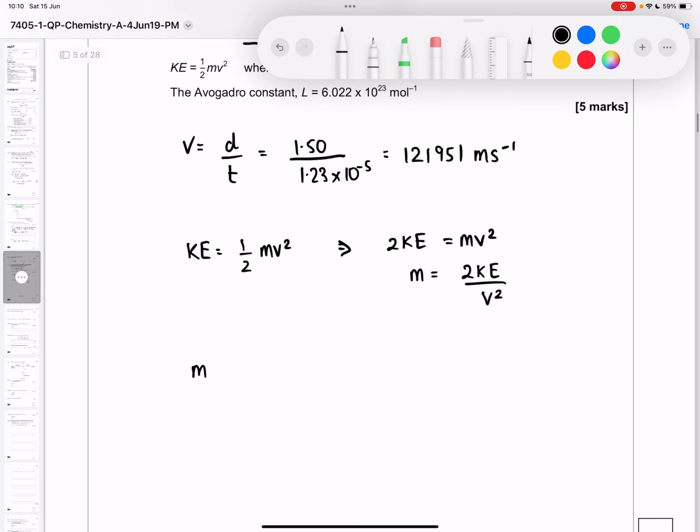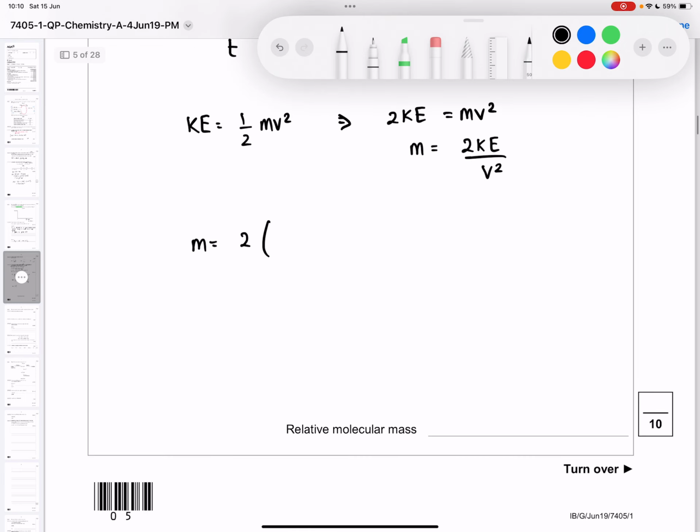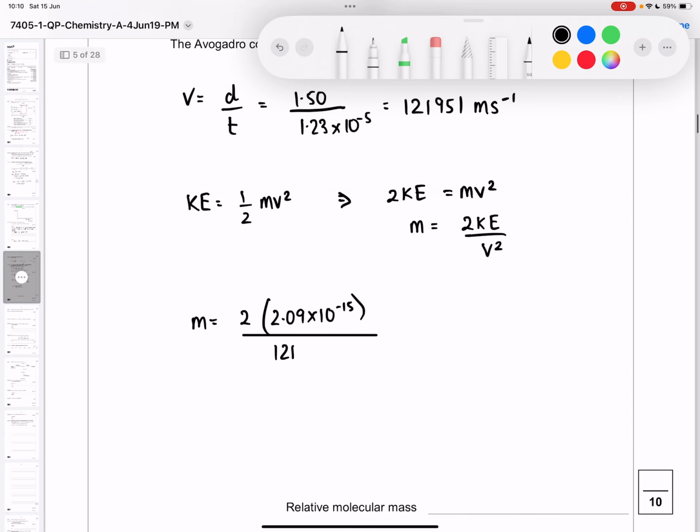So the mass is 2 times the kinetic energy, 2.09 times 10 to the minus 15, and then we're going to divide it by our velocity squared, so our 1.21951 squared. At this point, I'm going to use the feature on my calculator that allows me to use the answer.